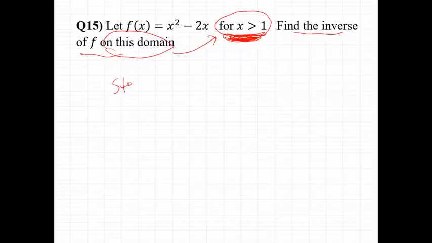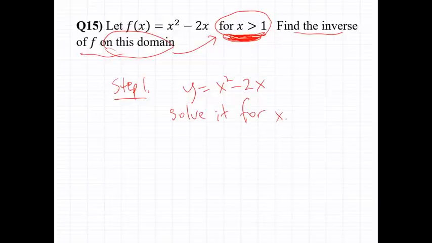Step 1. Write y equal to x squared minus 2x and solve it for x. So let's do it. It might be a little hard to solve this one. How can you solve it for x?